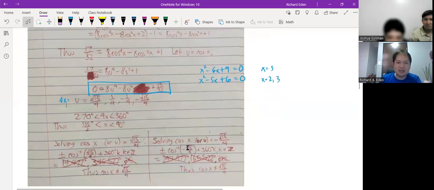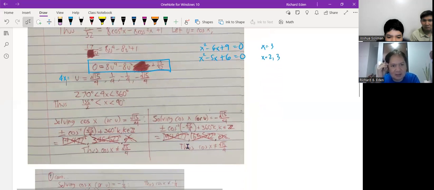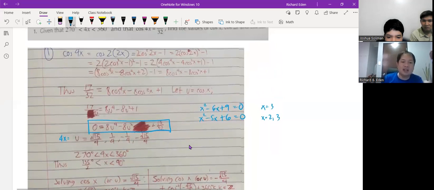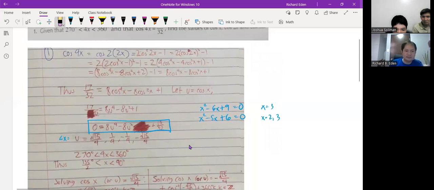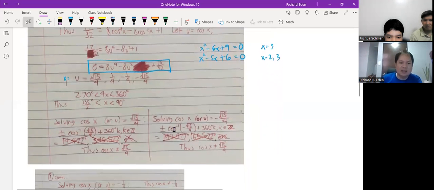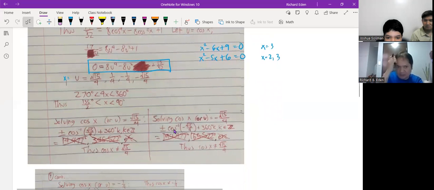Now what you did down here is eliminate. Actually, hold on, sorry. This is x. x is between 135 over 2 degrees and 90 degrees, which means x is in the first quadrant.